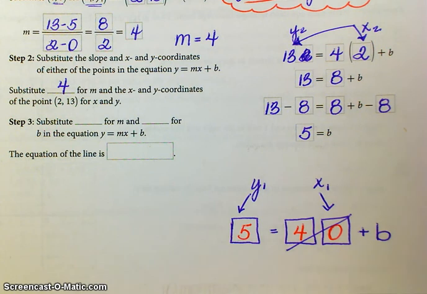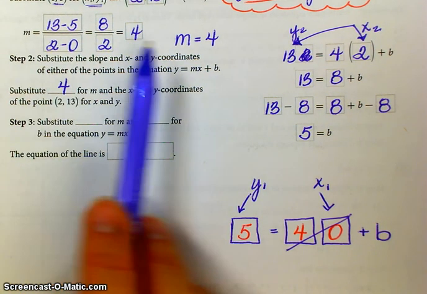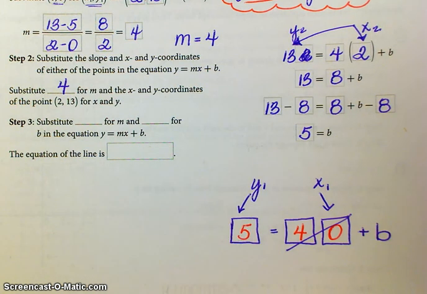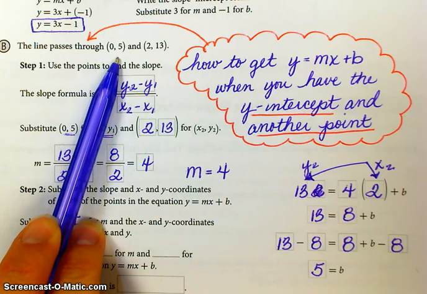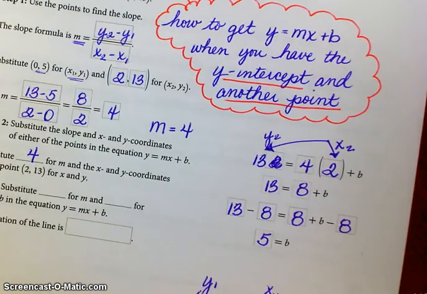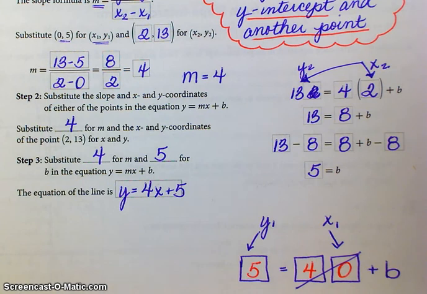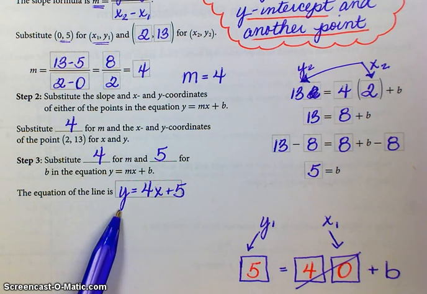You can use the two points to find the slope, and then you can put the slope and one of the points in to generate your y-intercept, although frankly they told you the y-intercept up here. But if it had not been given, you could find the y-intercept. All right, so this lovely little math fairy tale ends with the equation of the line being y equals 4x plus 5.